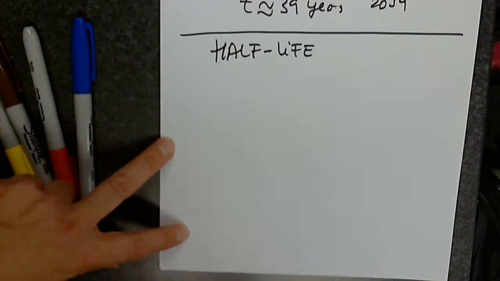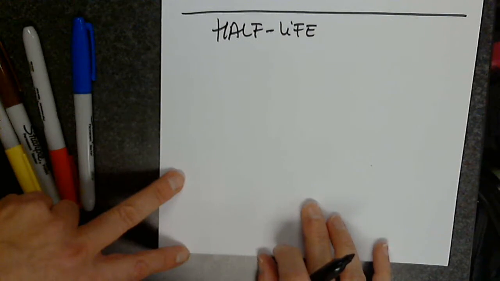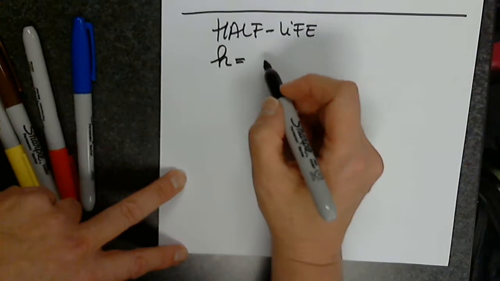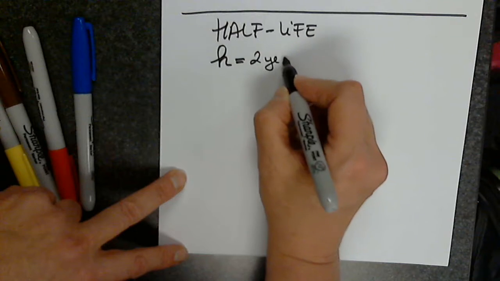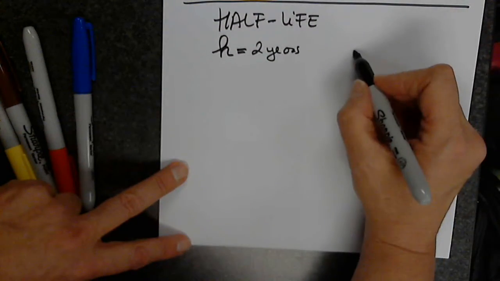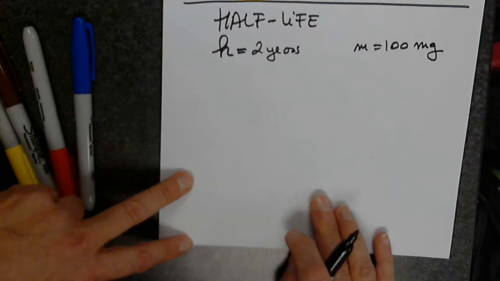Okay. Let's say the half-life of a radioactive substance is 2 years. What is half-life? Let's say we have 100 milligrams of this substance.